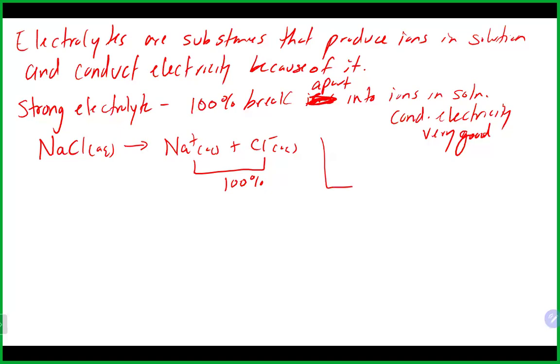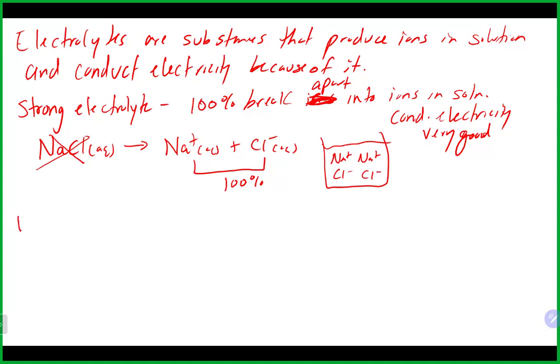If you had a beaker of sodium chloride, you would have just sodium ions and chloride ions floating around. You would have none of the original compound still there in that solution. It is just 100% ions. Because of that, it creates a lot of ions really quickly and conducts electricity really, really well because of the presence of those ions.